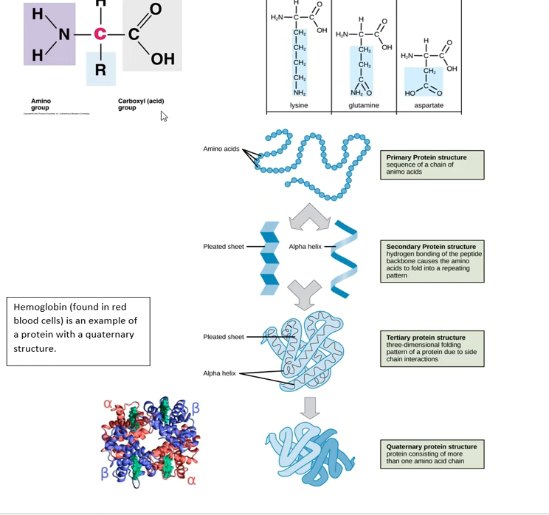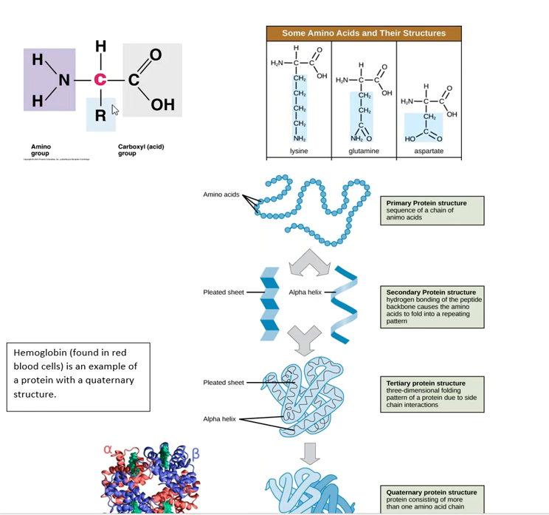So to summarize, we looked first at a general amino acid structure. We talked about the amino group, the carboxyl group, the central carbon, and the side chain or the variable region. We said that it's variation in R groups that gives us the different amino acids, and the areas in blue are representing different R groups for different amino acids.